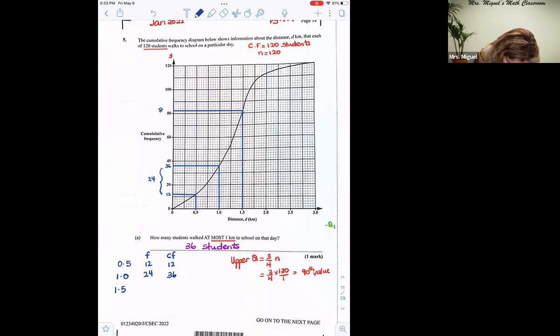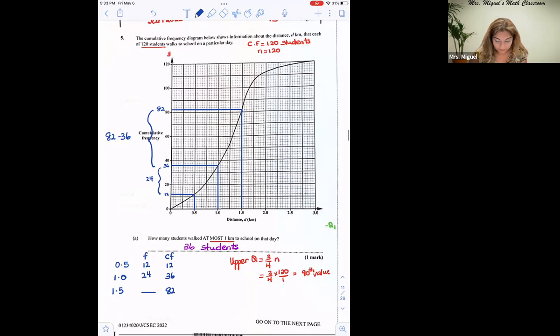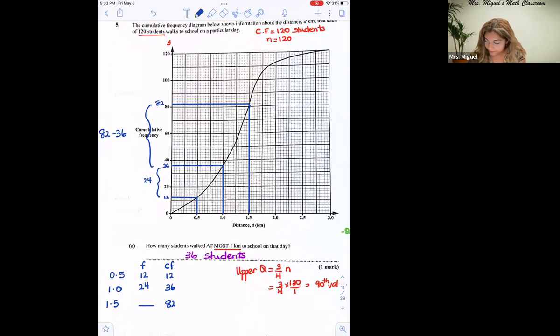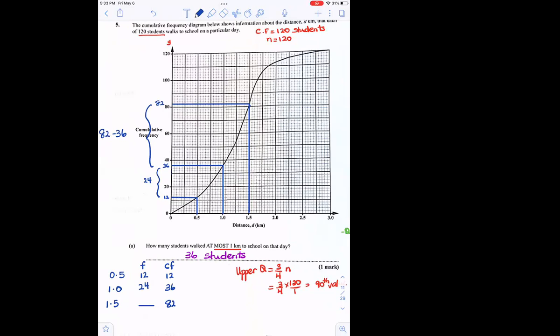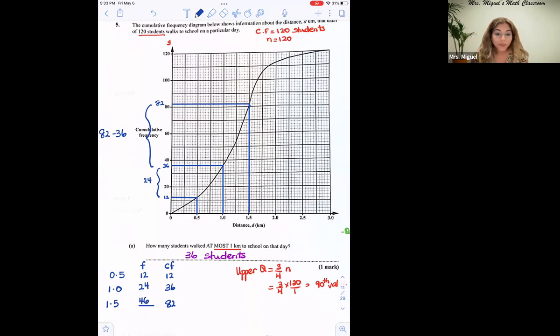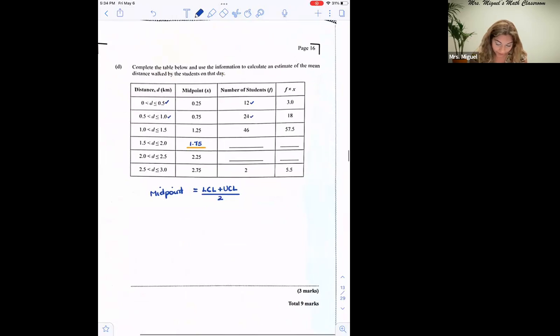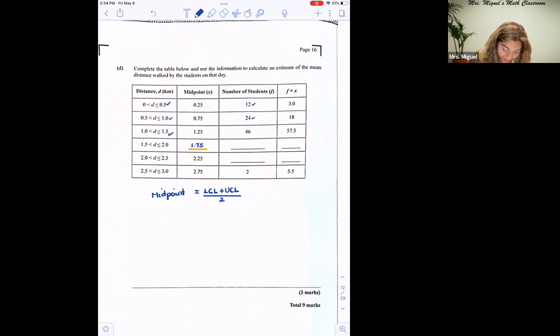So here is 82. So what value am I going to put here now? What is the difference here? 82 minus 36. How much is that? 46, Miss. Let us check with the answers that we have. So we have 1.5 and 46. So we are on the right path.